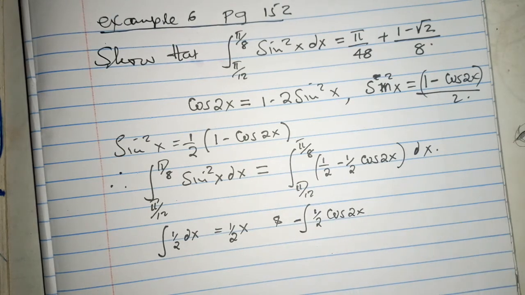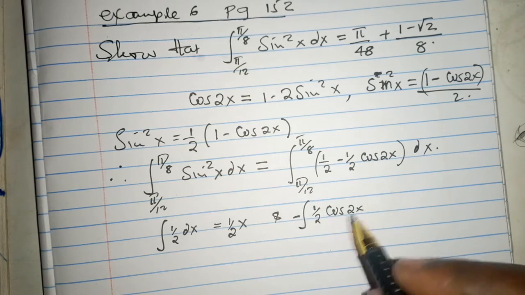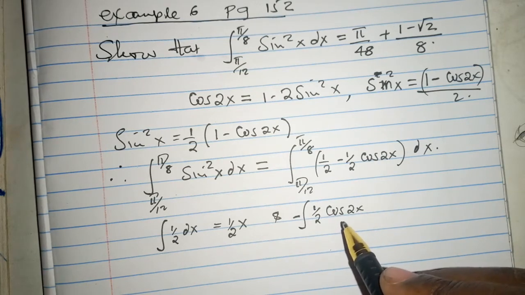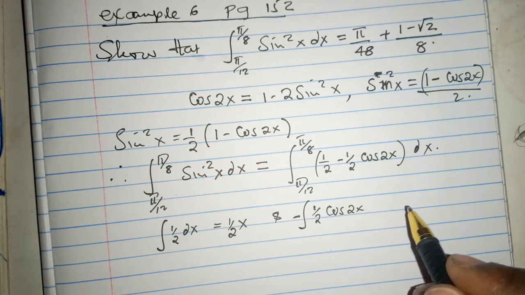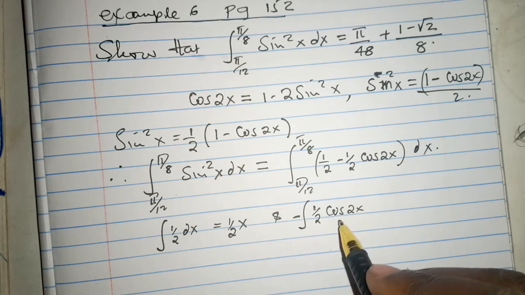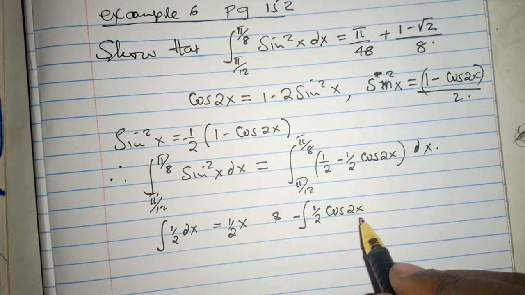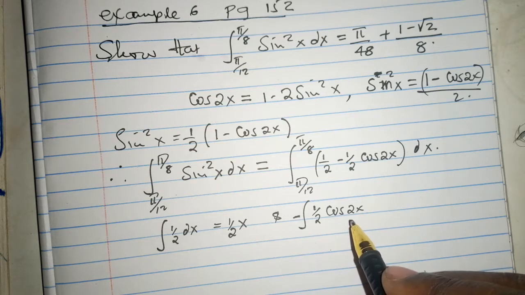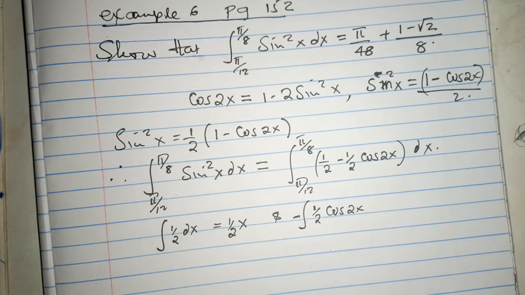For this, we must have another function whose gradient is the cosine of 2x.